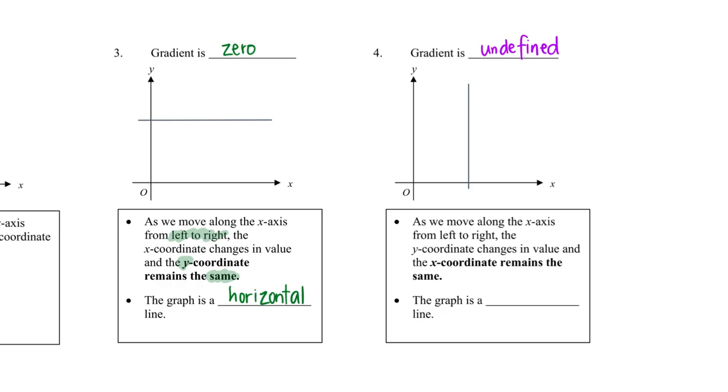You can see that as we move from left to right, the x coordinate in this case remains the same. Only the y changes in value. And we can see that it is actually a vertical line.